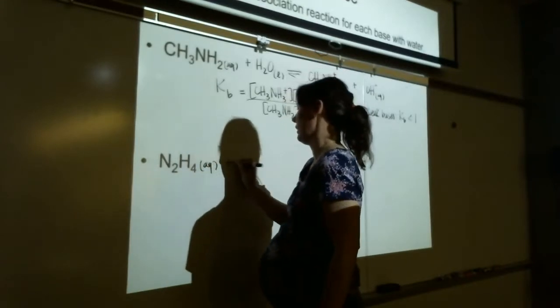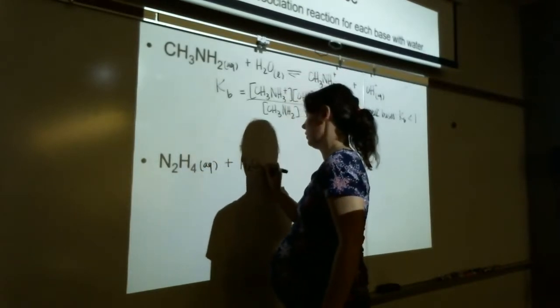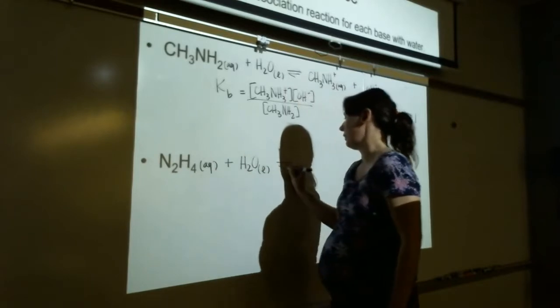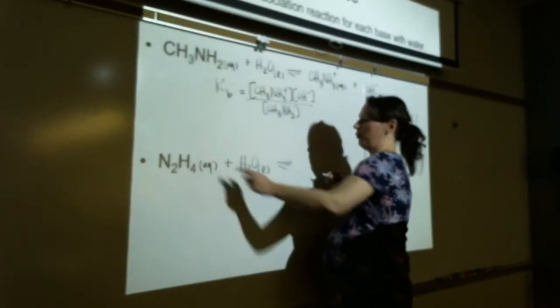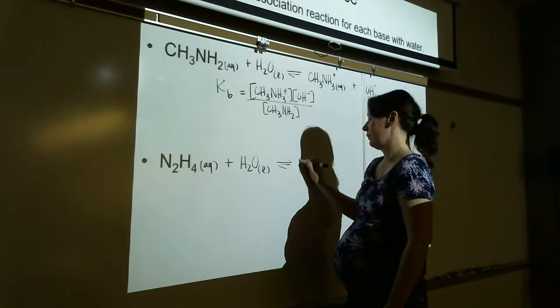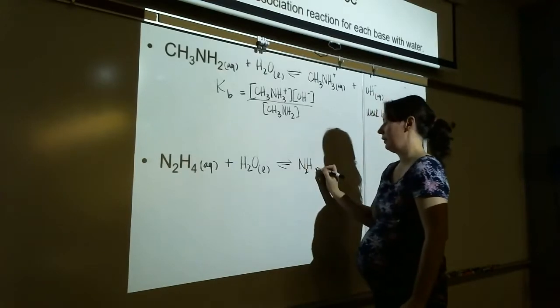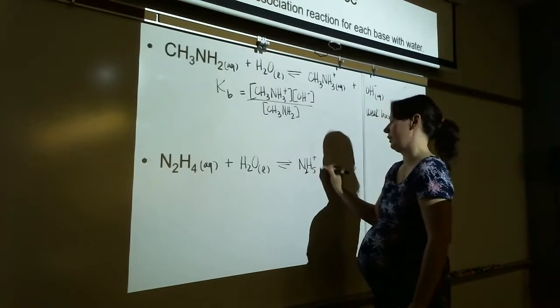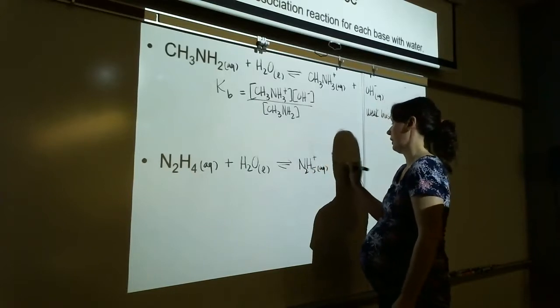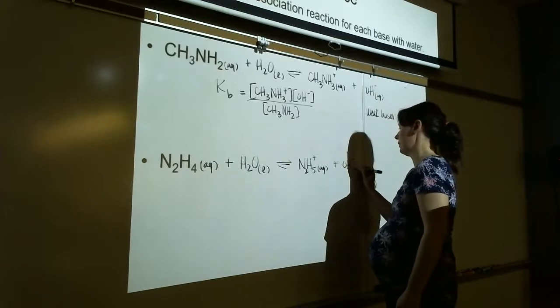Let's do this one. N2H4 (aq), we're combining that with H2O, liquid. That's in equilibrium. What happens to my formula here? Add in H, what? 5 plus, good. Plus OH minus (aq).